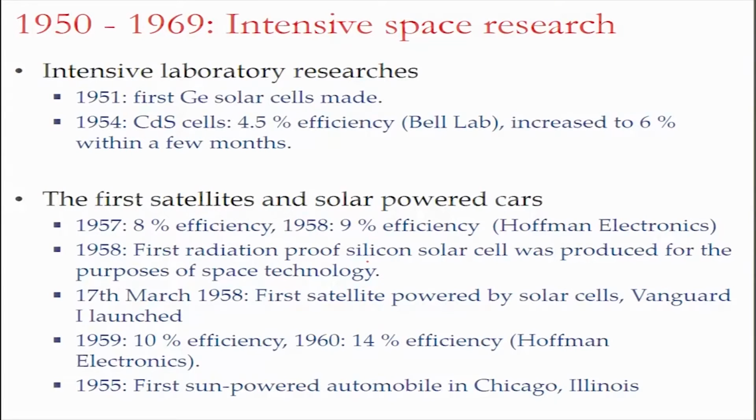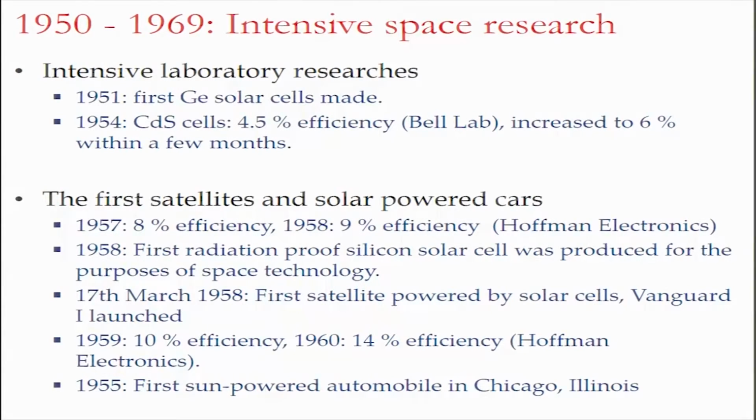Radiation is a problem in space, so a radiation proof silicon solar cell was needed. Then in March 1958 the first satellite powered by solar cells, Vanguard 1, was launched in the United States. And then 1959 and the 60s led to a phenomenal increase in the efficiency of silicon solar cells. It went up to 14%.